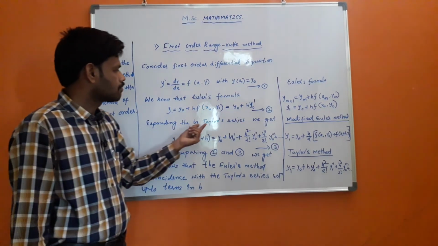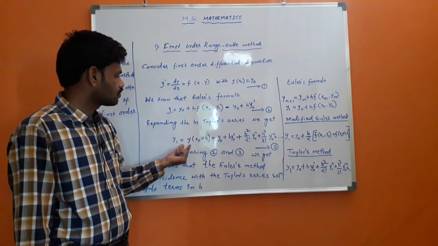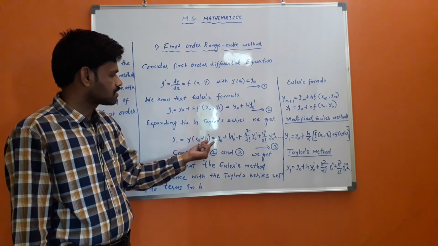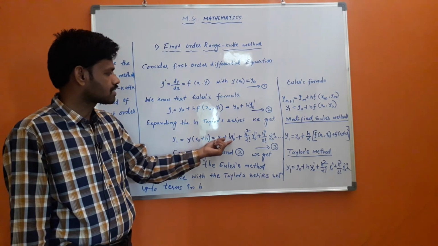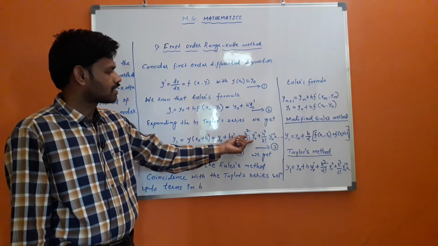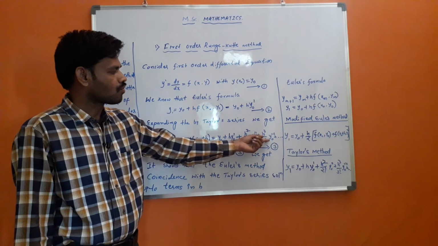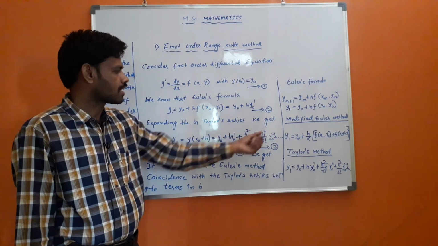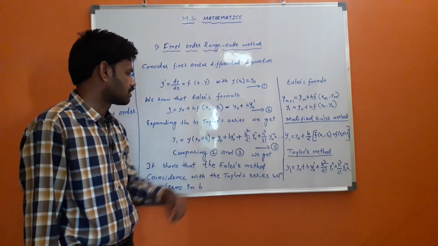Expanding by Taylor series, we get y1 equal to y of x naught plus h, that is y naught plus h y naught dash plus h square by 2 factorial y naught double dash plus h cube by 3 factorial y naught triple dash and so on. That is equation number 3.